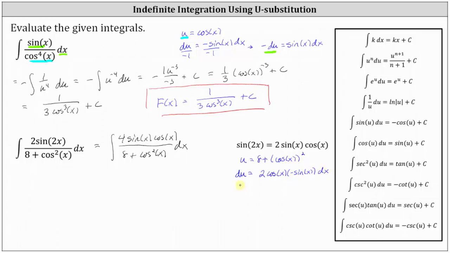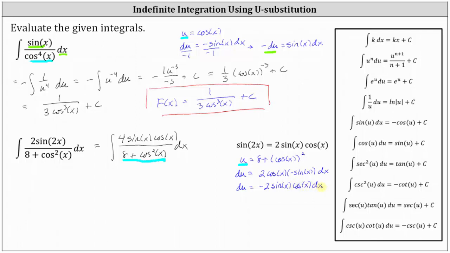And now looking back at the integral, since u is equal to 8 plus the square of cosine x, we can write the denominator as u, and we can see we're left with 4 sine x cosine x dx, and we have du equals 2 cosine x times negative sine x dx. Let's first write this as du equals negative 2 sine x cosine x dx.